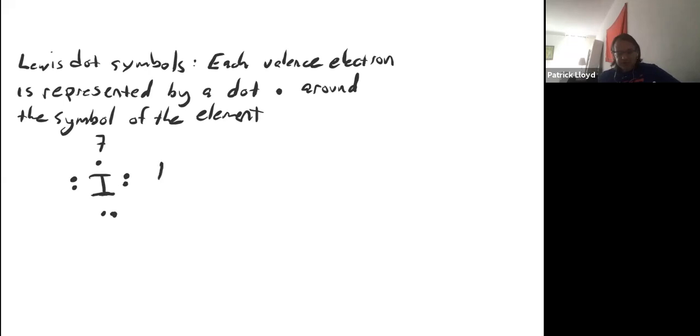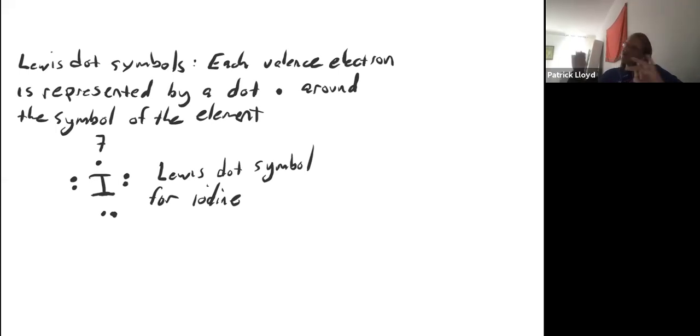This is called the Lewis dot symbol for iodine. Okay, we are representing just the valence electrons. We're ignoring the core electrons. They're in there. They're attracted to the nucleus and they affect the properties of the element, but we're just concerned about the valence electrons for now.